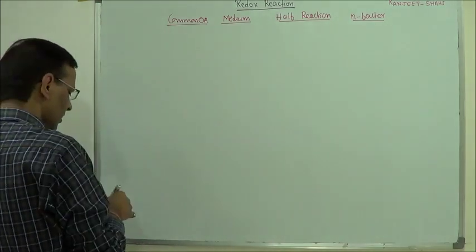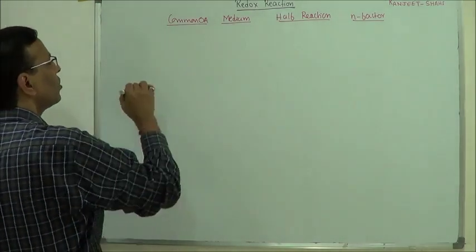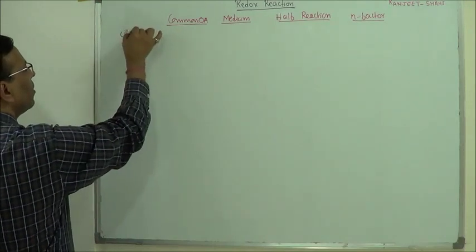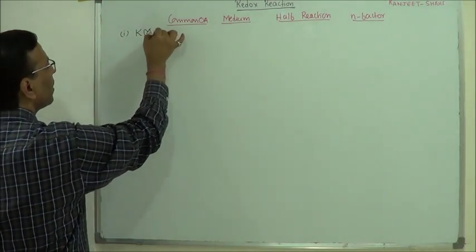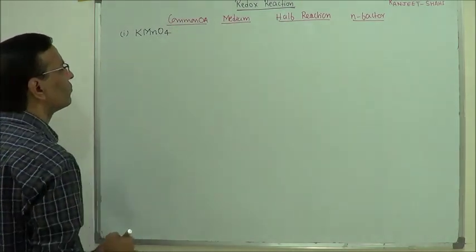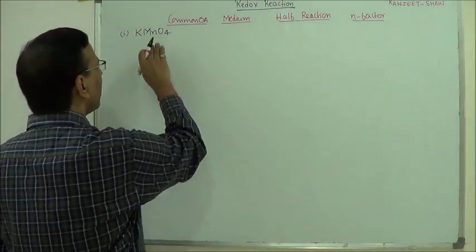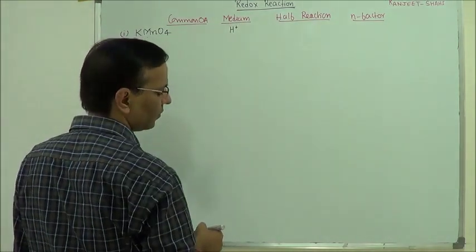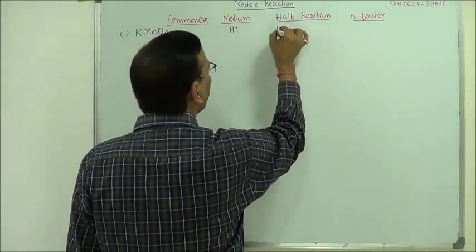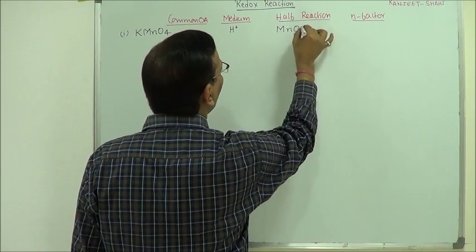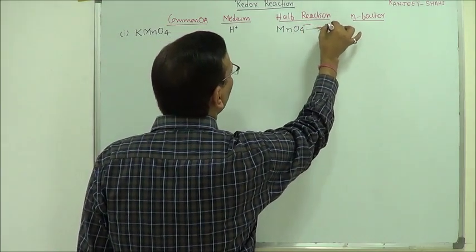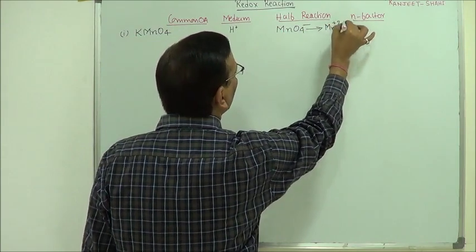The first and the most common oxidizing agent is potassium permanganate. If potassium permanganate is used in acidic medium, the corresponding half reaction would always be permanganate ion giving Mn2+.